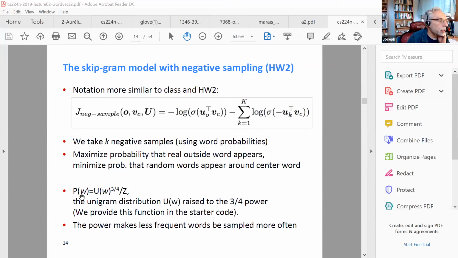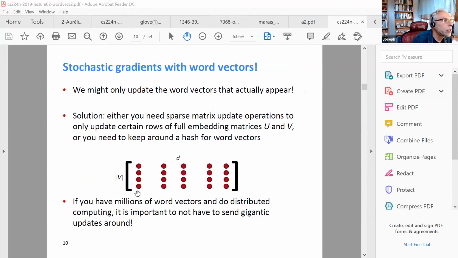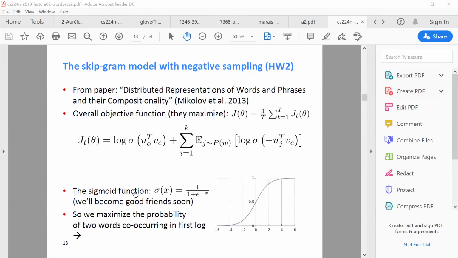And then he's got this trick that they use, where instead of using, let's see, I'm not sure what this capital U is. Does somebody remember what that is? I didn't see that defined here. It's probably in the notes. I think that's the set of vectors in the corpus.